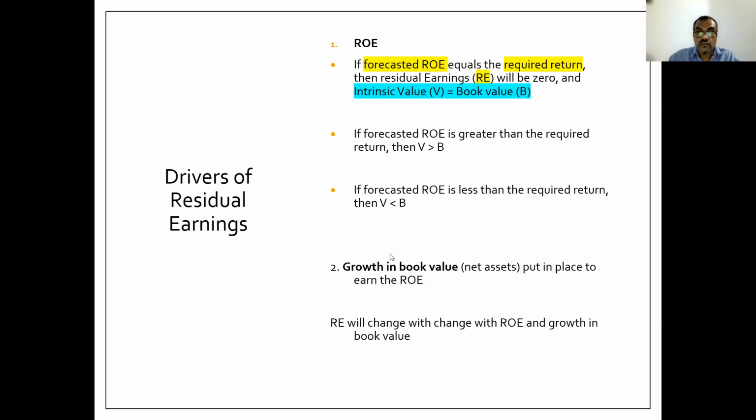And the growth in book value. The other one is, instead of looking at residual earnings or ROE, we can look at the growth in book value. This also has a reason, an argument, a kind of justification. Book value of what? Book value of net assets. If the book value of net assets goes up, what happens?